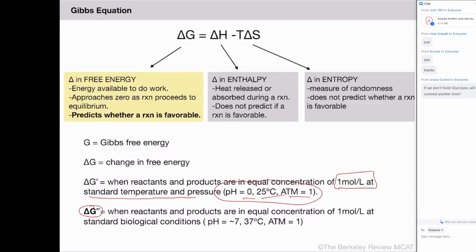All right. And so that's going to be where your pH is physiological, you're going to be at body temperature, and you're going to be still at an atmospheric pressure of 1. Okay. So for biochemistry, delta G naught prime, indicated by that little prime marker there.